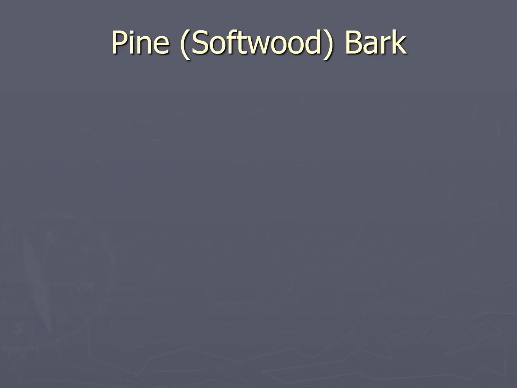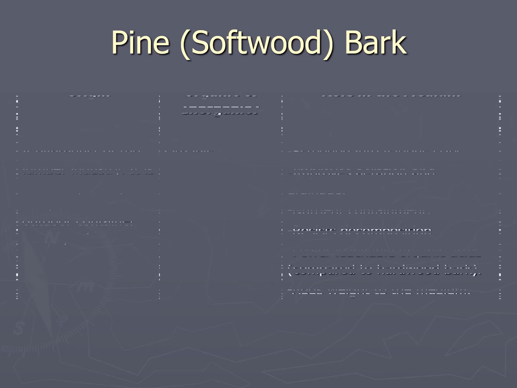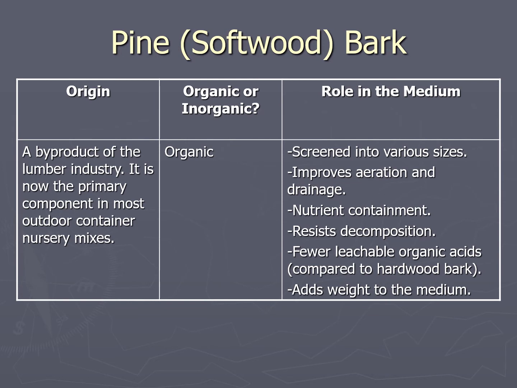Okay, another very, very popular organic media component is pine bark. So pine bark is a byproduct of the lumber industry, and it is now the primary component in most outdoor container nursery mixes.